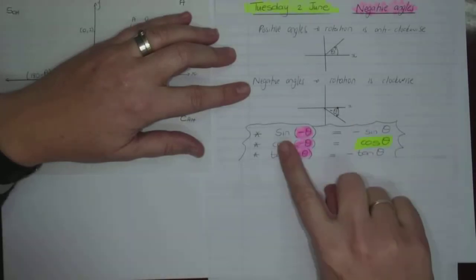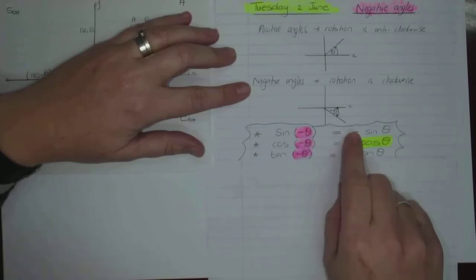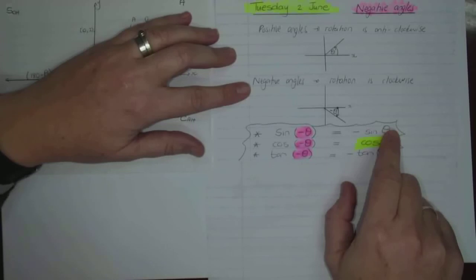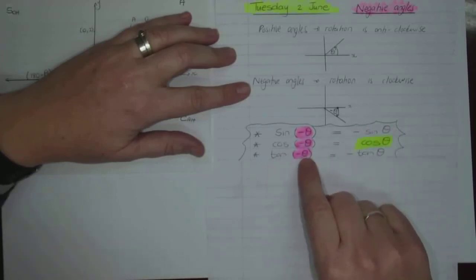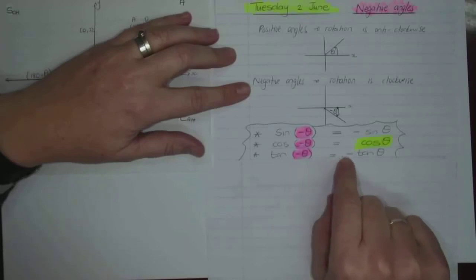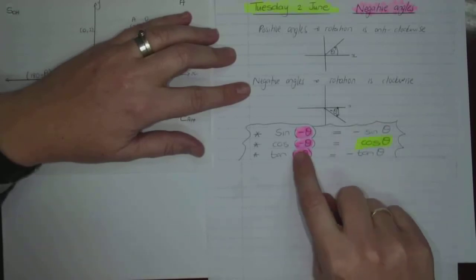But if I have sine negative 10, I can rewrite it as negative sine 10. If I have tan negative 10, I will rewrite it as negative tan 10. Only cos takes away the negative automatically.